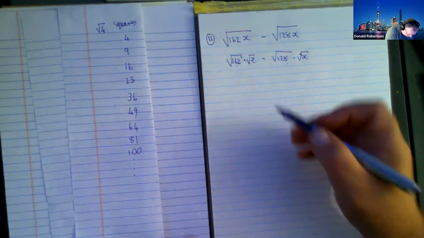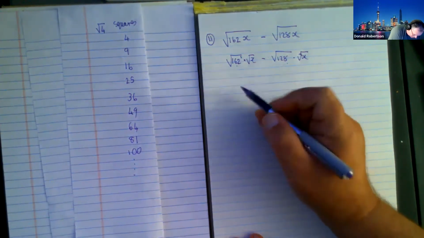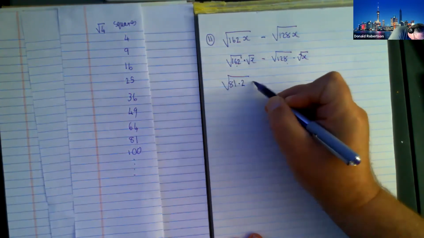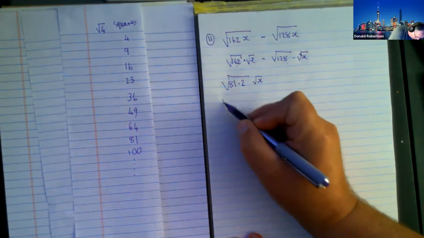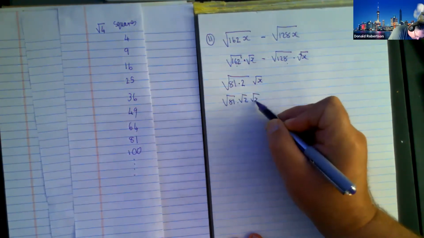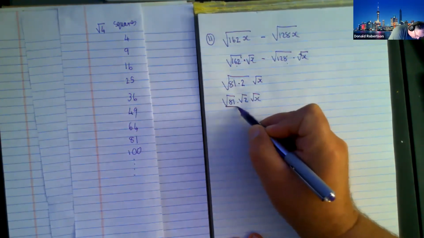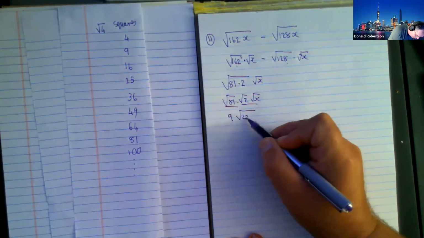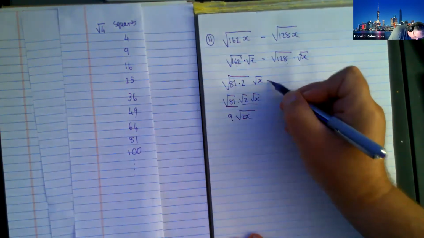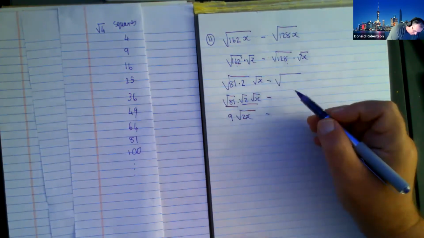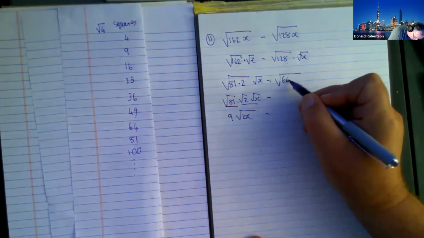So if I look at this one, it can be split as 81 times 2, which then becomes the square root of 81, the square root of 2, and the square root of x. The square root of 81 is 9, and these two become a single square root. Now we take this one, and you get 64 times 2.